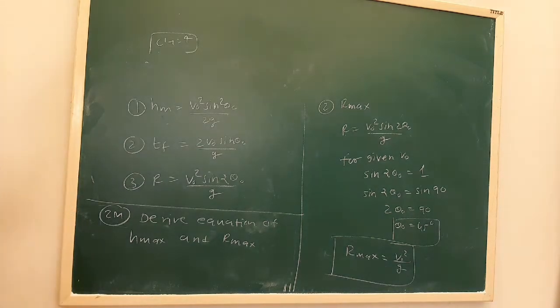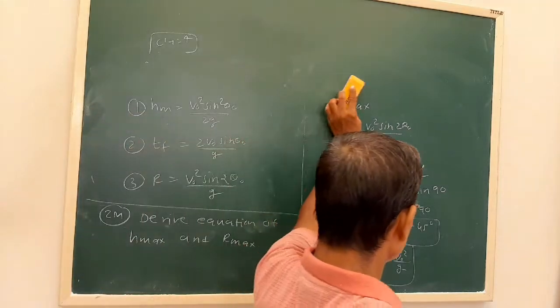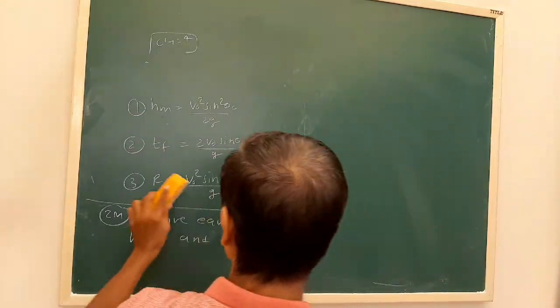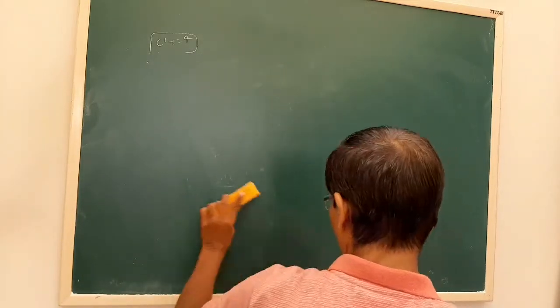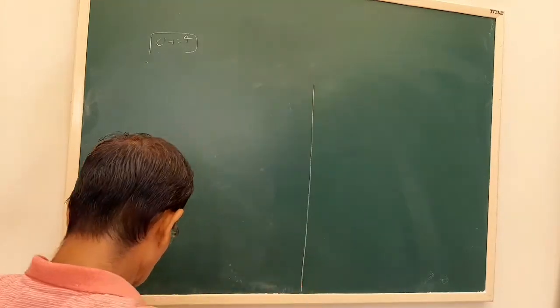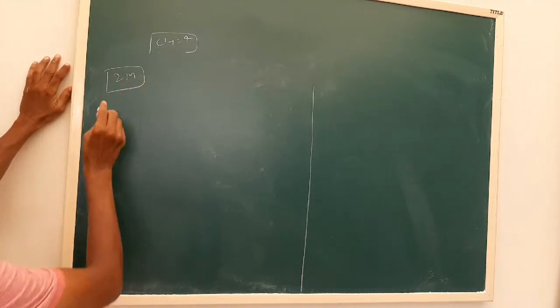Now see, the last theory remaining for this lesson is uniform circular motion. In the earlier standard also we studied this, but now with some better insight. It is a very useful theory. See, our next question is like this.